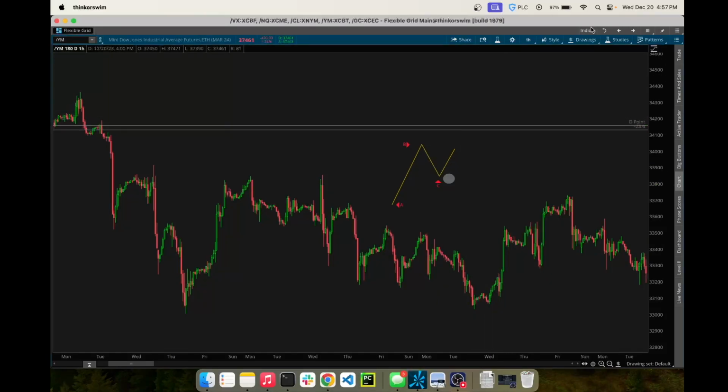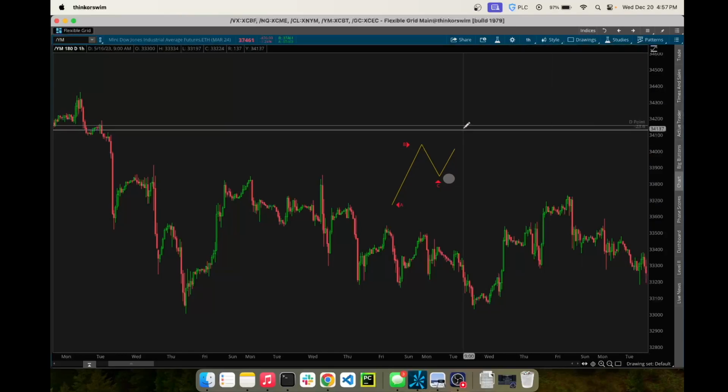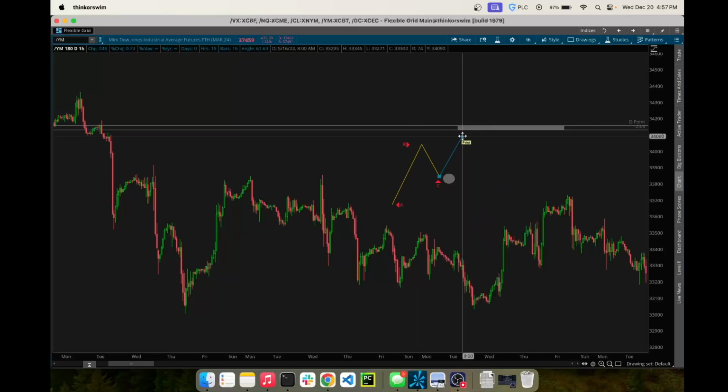So what does this now indicate? Well, this gives us, especially since these are relatively close together, a really tight zone to start looking at for our profits to come off.